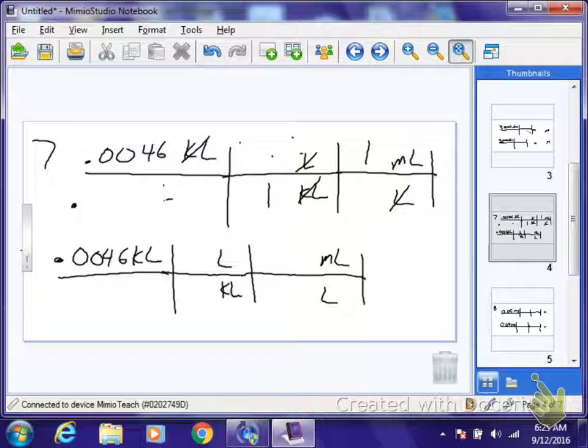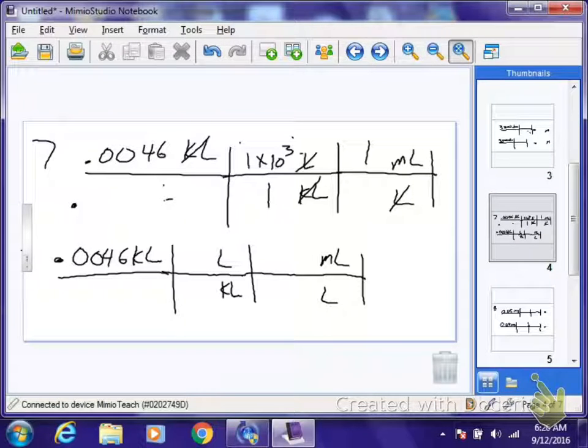And if we look at our chart on page 35, or look at our number line, we would realize that kilo is times 10 to the third. So this would be 1 times 10 to the third. We're going to multiply it to begin with by 1,000. So if we stop there, it would make it 4.6 at that point.